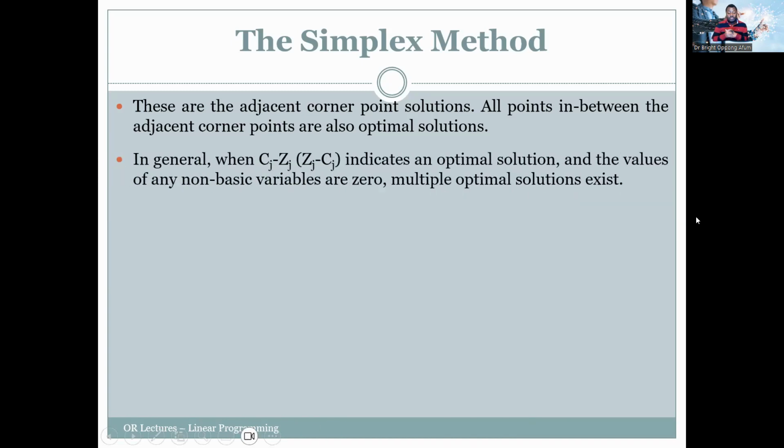So in general, when Cj minus Zj in a maximization problem, or Zj minus Cj in a minimization problem, indicates an optimal solution and the values of any non-basic variables are 0, multiple optimal solutions exist. To find the alternative optimal solution, the non-basic variable with a Cj minus Zj or Zj minus Cj value of 0 should be selected as the entering variable, and the Simplex process can continue.